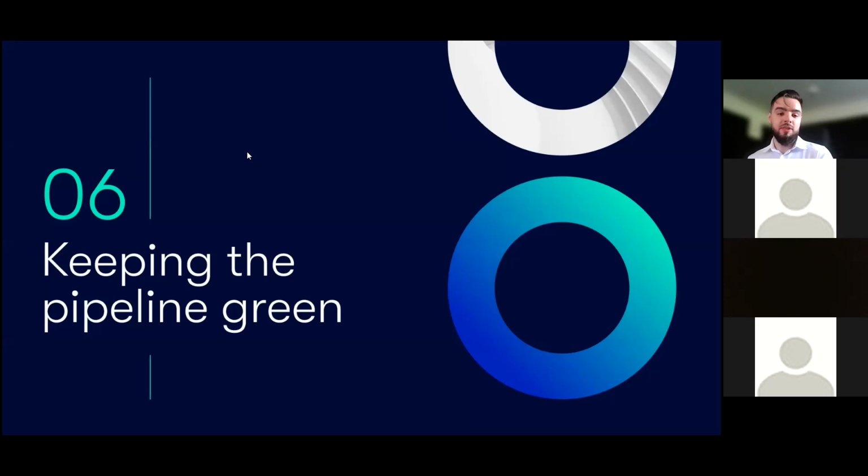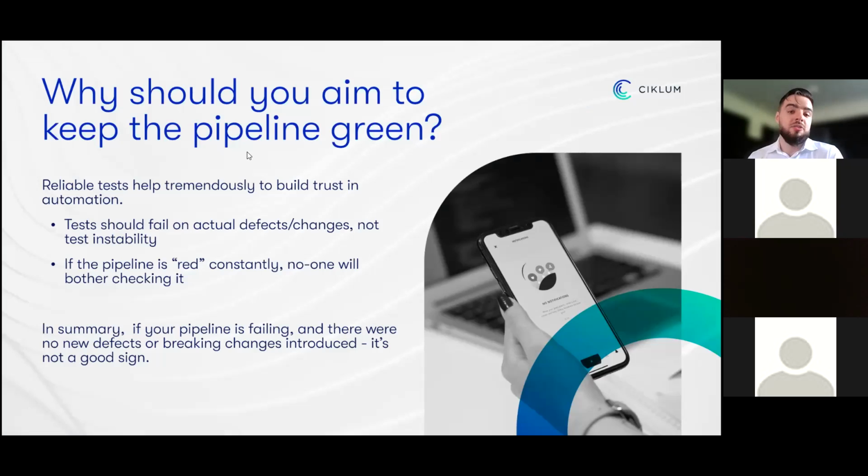Okay, so now we know how to make our tests stable, and our tests are passing. They're quite stable. We like them. But let's discuss why we should keep them passing. So why is it so important to keep the pipeline green always? The reason is that reliable tests help tremendously to build trust in automation.